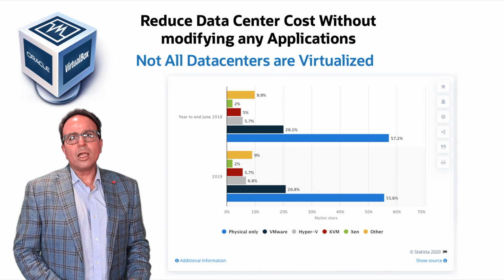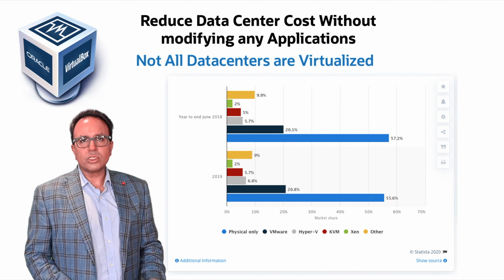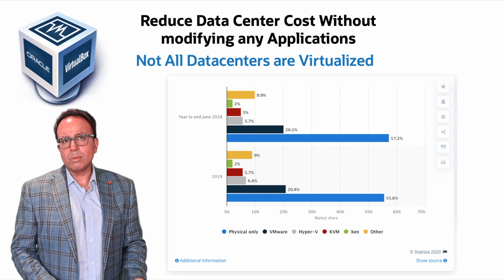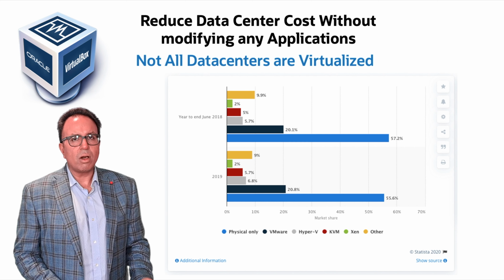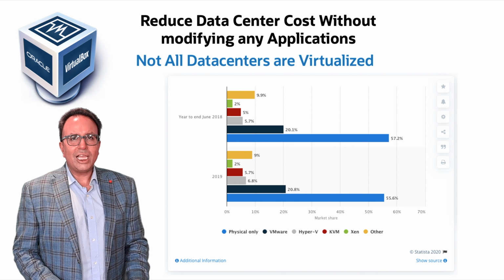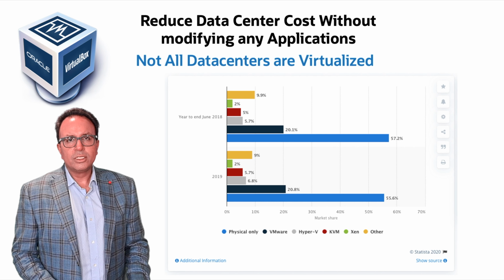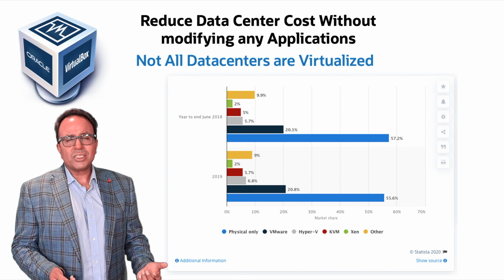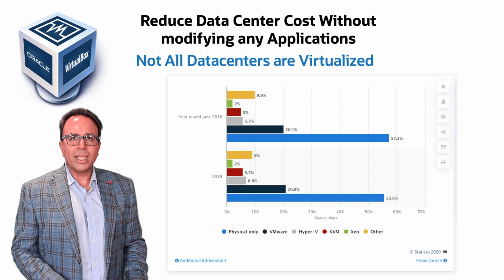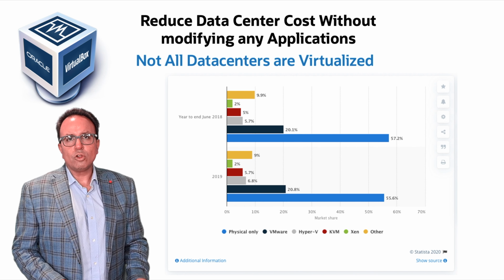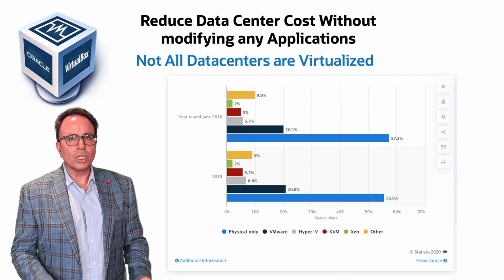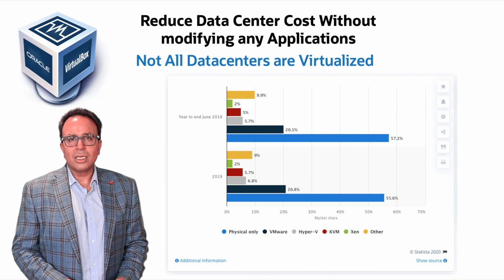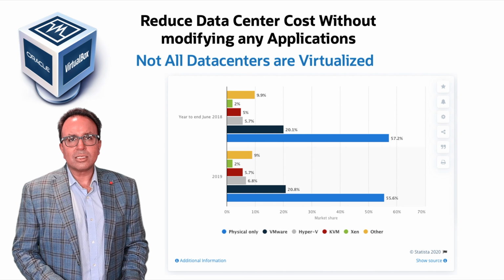This chart, a bit of research, shows that even though some of the top virtualization vendors claim 85% market share, about 60% of data centers worldwide have still not moved to a virtual platform. That means they've not moved to a cloud, they've not moved to virtualization in their own data center, and they're still on physical machines.